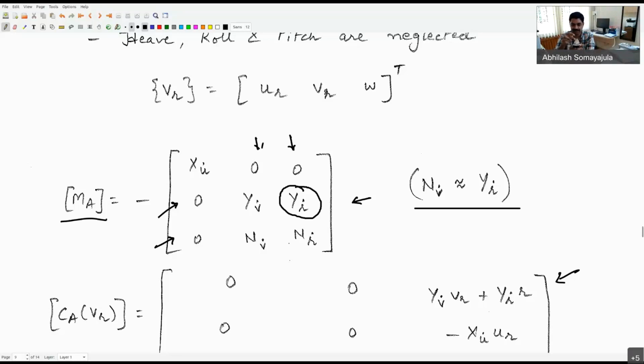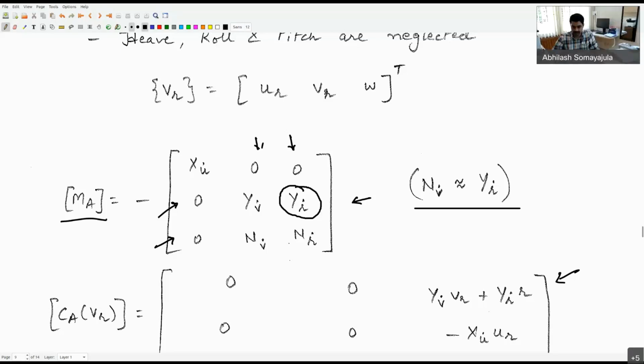But if my origin is shifted to the front of the ship, let's say, now can I say that there is no force acting at this point? It has to have a force in order to take the total moment to be zero about the origin. So it's not just a question of whether the body is symmetric or not, but it also depends on where we choose our coordinate frame. That also will cause coupling to come. Good question. Any other queries?